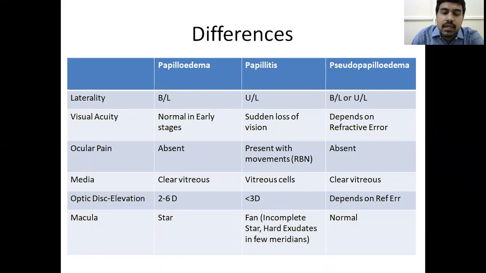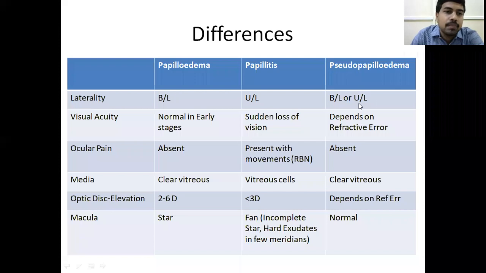If there is a coloboma of the optic disc, or a high refractive error like hypermetropia, or some refractile bodies present in the optic disc, then also it can be termed pseudopapilledema. So pseudopapilledema has nothing to do with papilledema or papillitis. The disc appears swollen, but it is not a true swelling. It is a structural abnormality due to drusen or Bergmeister's papilla or high refractive error like hypermetropia, in which the fundus appears small.